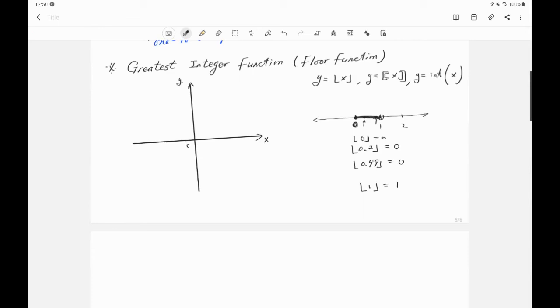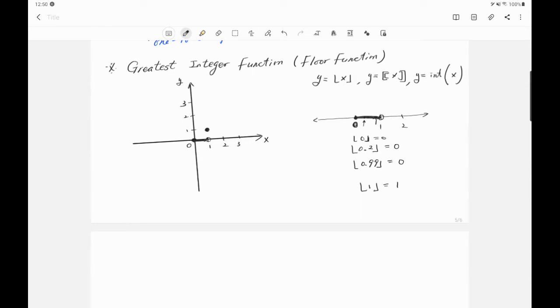So look at this one. 0, 1, 2, 3. If x is 0, then the y value is 0. If x is 0 point something, then it's always 0. If x equals 1, then I will put a closed point there, and an open circle means a hole, so it is not included. If x equals 1, then y is 1.